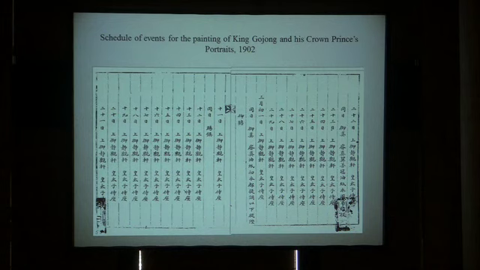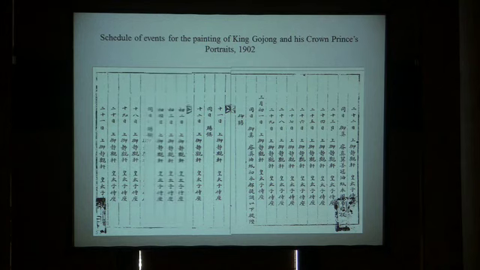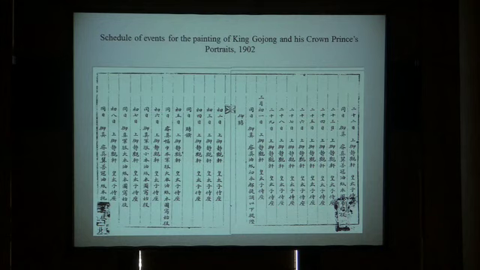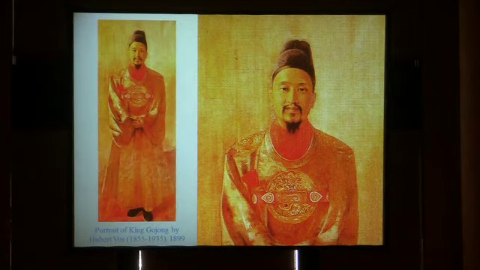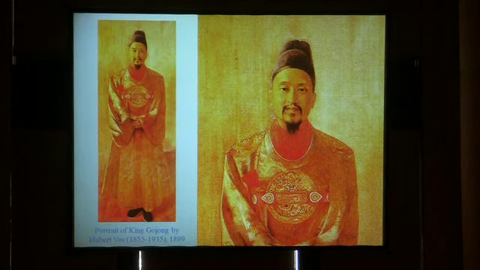And then this is interesting. I did a book on Western influence on Korean painting of the Joseon Dynasty. And I have this in my book to show you how many times King Gojong posed for his painters. And this is a portrait of King Gojong by a Westerner, the American painter Hubert Vos.